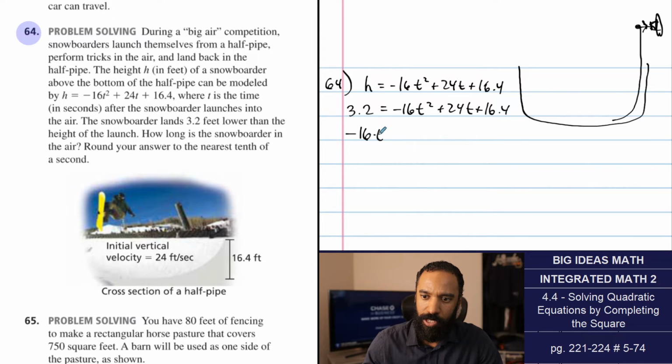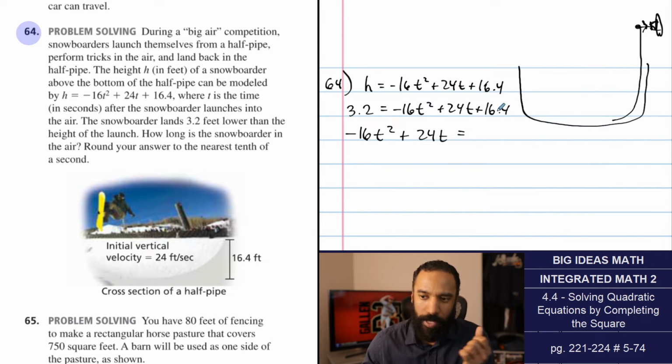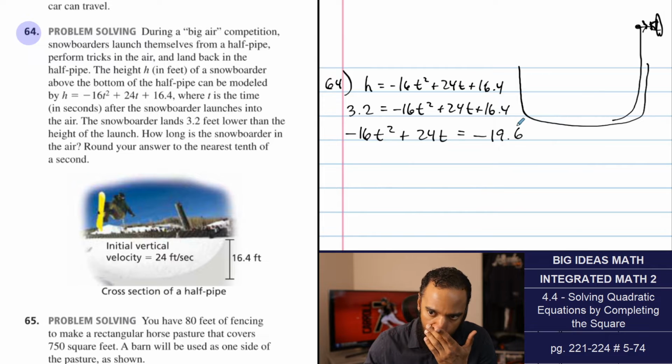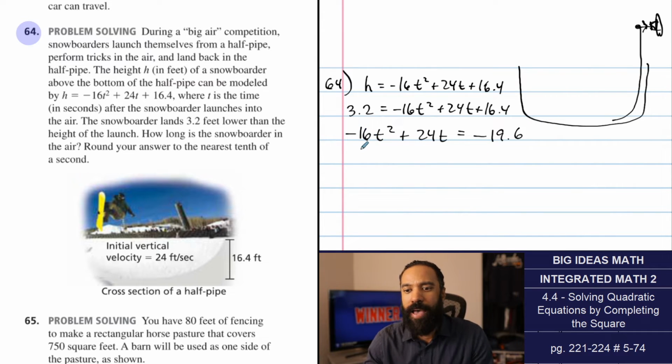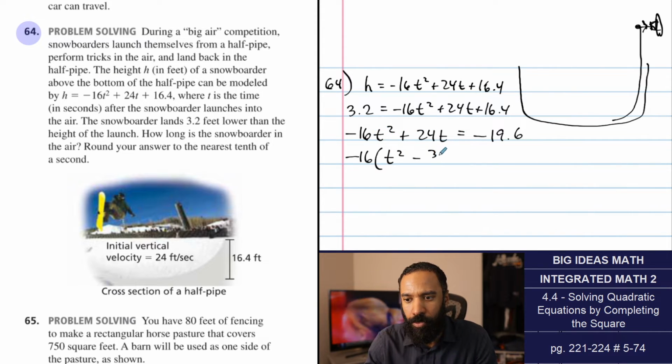Let's subtract 16.4 to the other side, and we get negative 19.6. Now when I factor out negative 16, I'm not going to divide. I'm just going to factor out here. And I get t squared minus 3 halves. I could say 1.5.